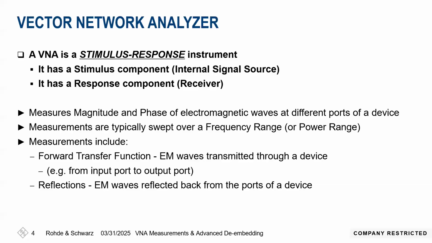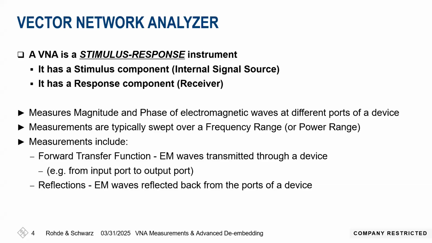So to start with, a vector network analyzer is basically a test instrument that measures the properties of physical components or devices. For example, filters, cables, amplifiers, mixers, attenuators, anything. The important thing about the vector network analyzer is that it has an internal source and also the receiver.